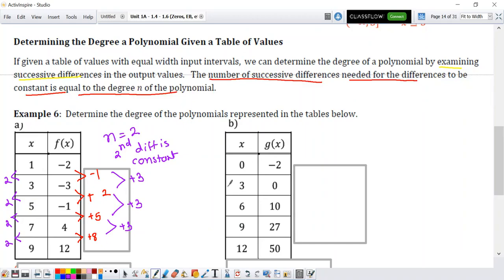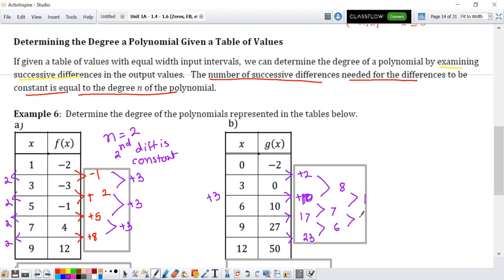Let's check here: 0, 3, 6, 9, 12. So clearly this side is added 3. On this side, see -2 to 2. So you are adding 4. Then 2 to 10, you are adding 8. 10 to 17, adding 7. And 17 to 23, adding 6.